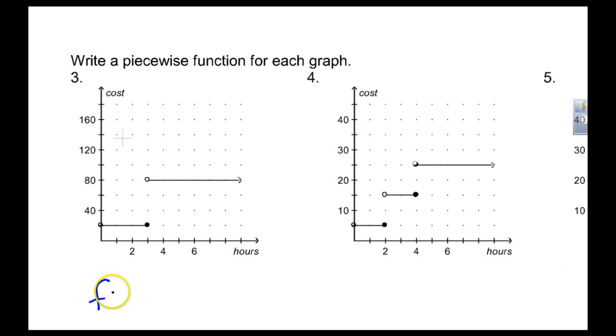Make sure you start off with f of x and include, this is going to be 20, this is 80, so you still have to include y equals 20 if, and then you have to write everything out.